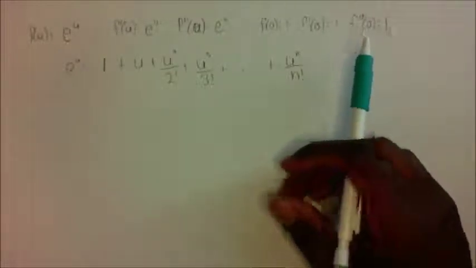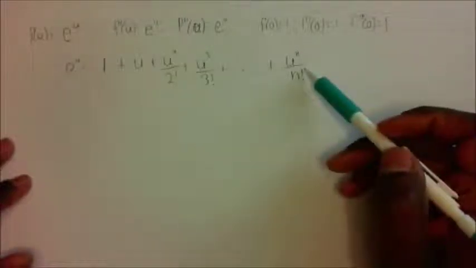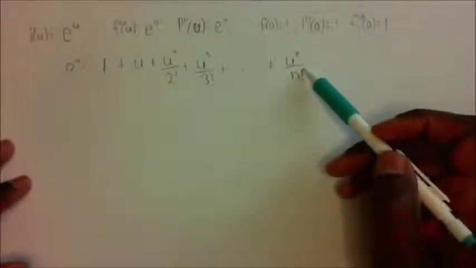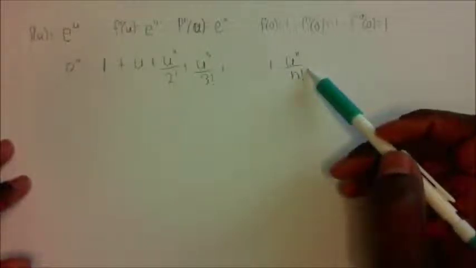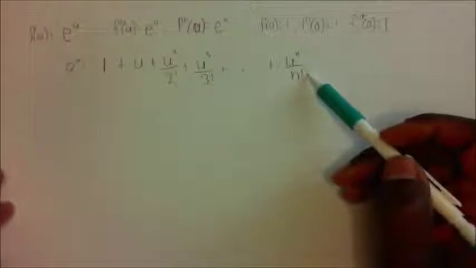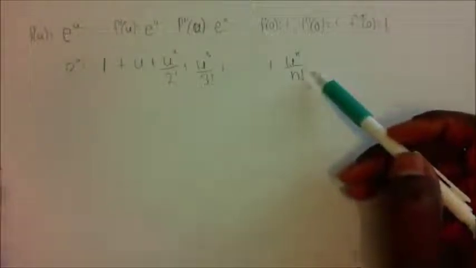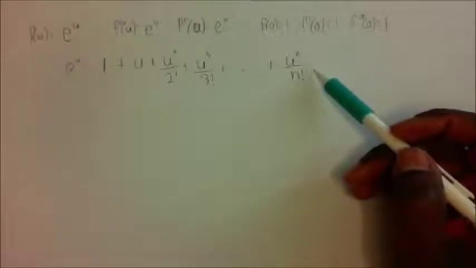And this method, or how it's represented, is called a Taylor series, or sometimes a Taylor expansion. And this is very useful because by breaking everything down into polynomials, which are very easy to integrate, it allows us to integrate functions that are very difficult or sometimes impossible to integrate otherwise.